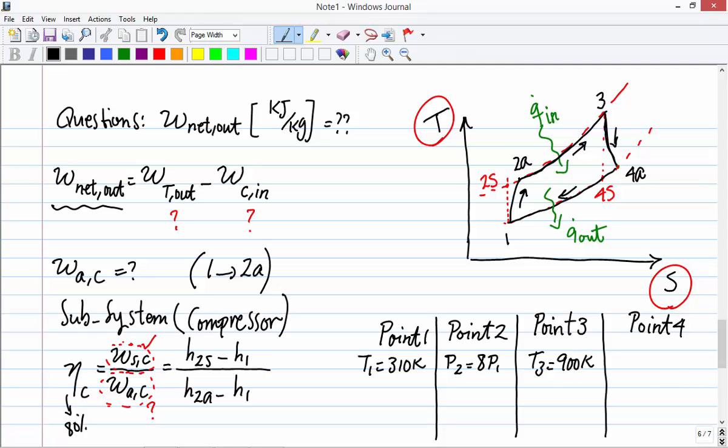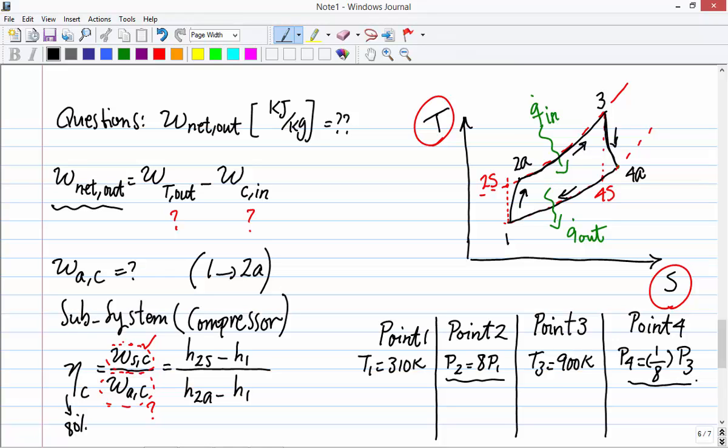So P4 would be 1/8 of P3. P3 is before the turbine at the inlet, P4 is after, right? The ratio is 8, here for the compressor, here for the turbine, meaning before and after.